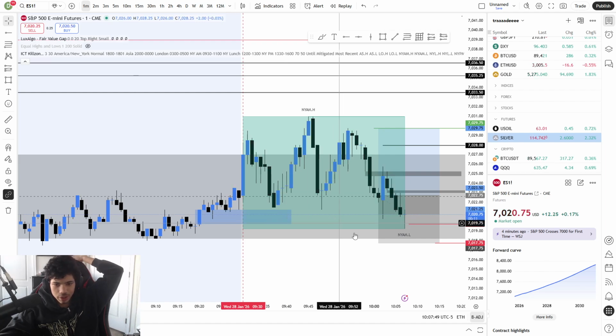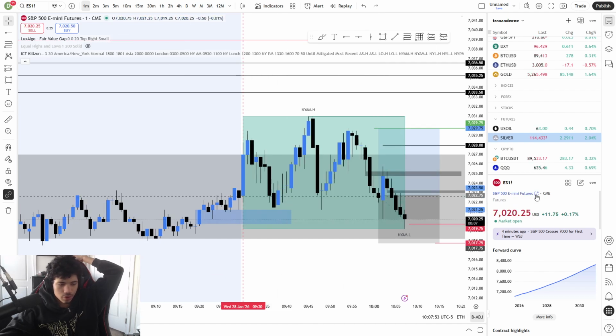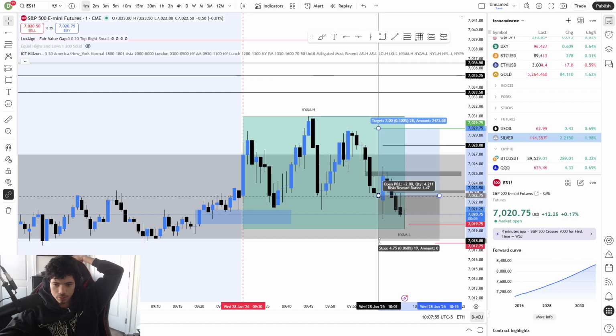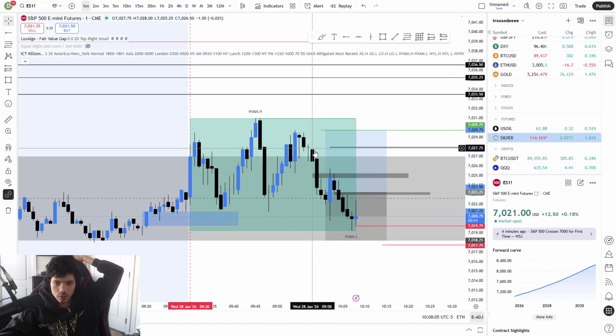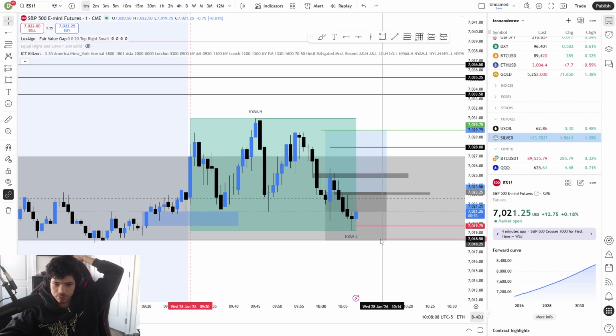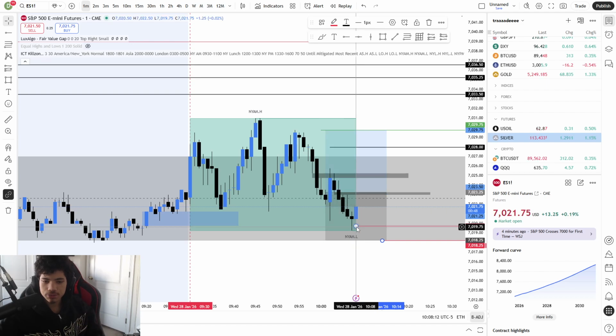Alright, my stop's a little bit higher than it shows here. Alright, this is my actual... This is my actual position.